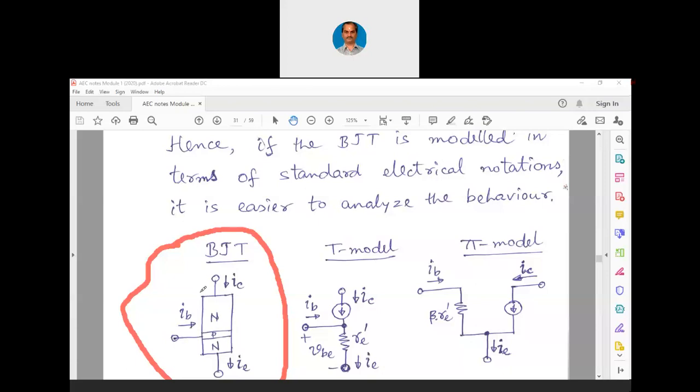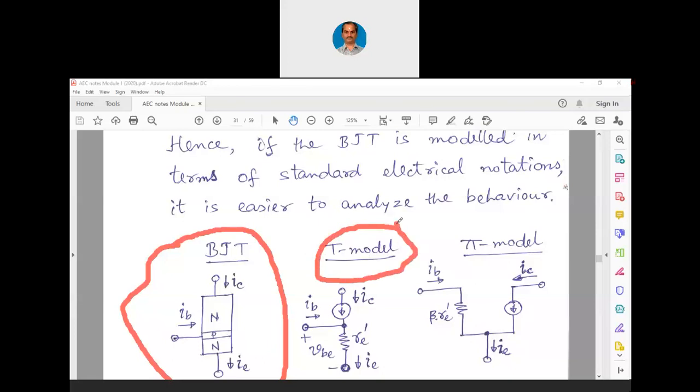Now this is the structure of the BJT, where you can see the AC counterpart. IB, IC and IE are written in small letters, which indicates that we are now discussing the small signal operation of the transistor. Now let us try to represent this transistor in terms of two models. You can see one model called T, and you can see one model called pi.